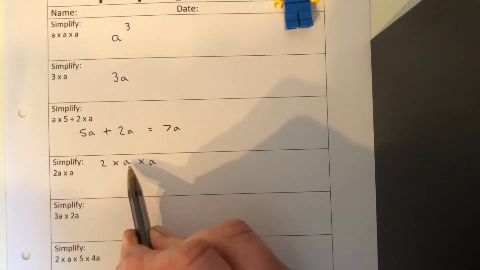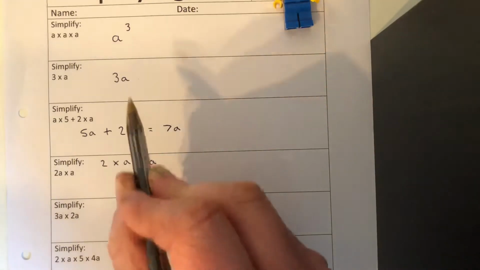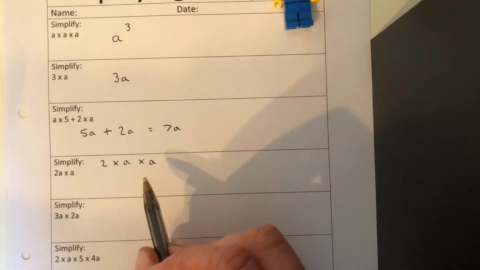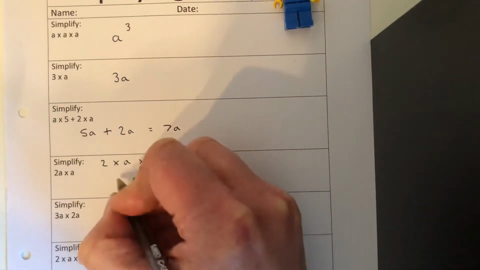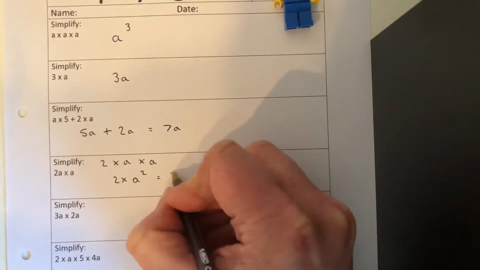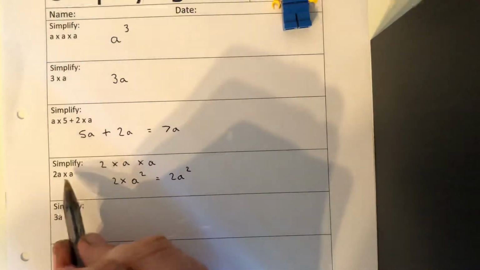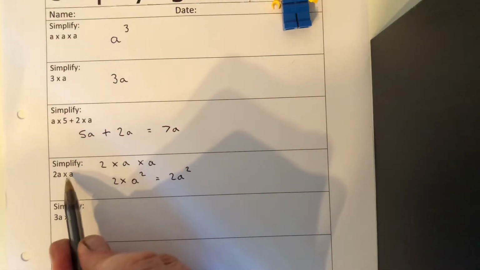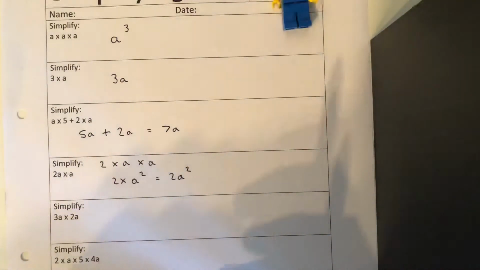The a times the a is going to be the key bit that we can simplify. So a times a, a bit like the first question, will just be a squared. And we've still got this 2 to multiply by the a squared. So in this case, we would just say 2a squared. So the 2 is basically timesing by the invisible 1 there to give the 2, and the a is timesing by the a to give the a squared.